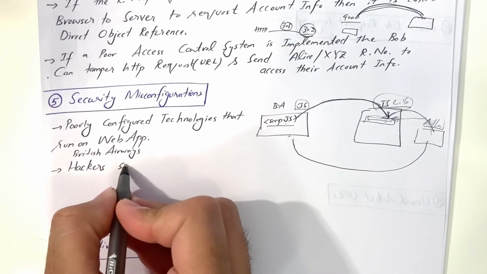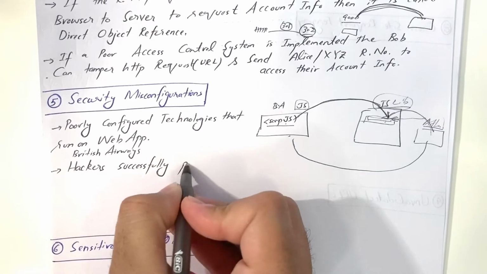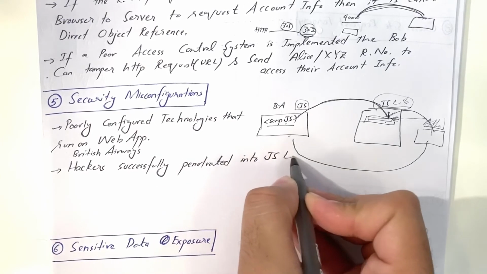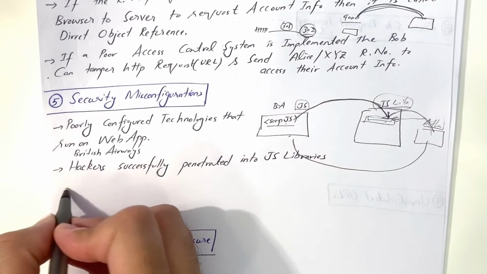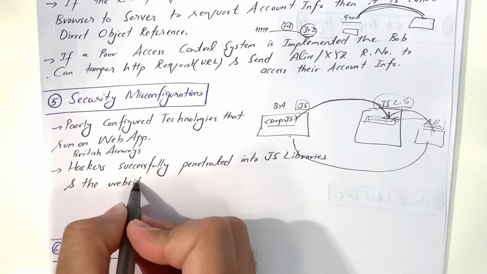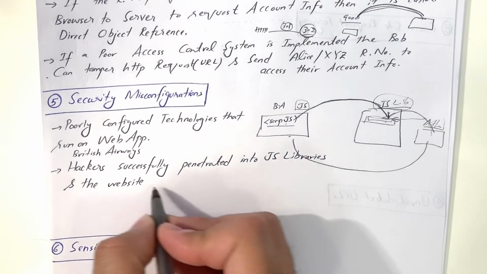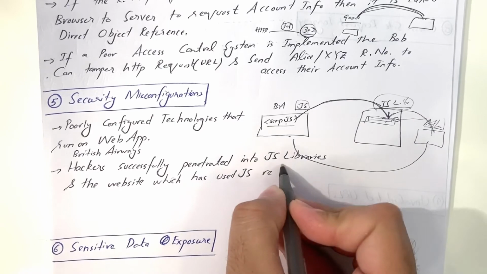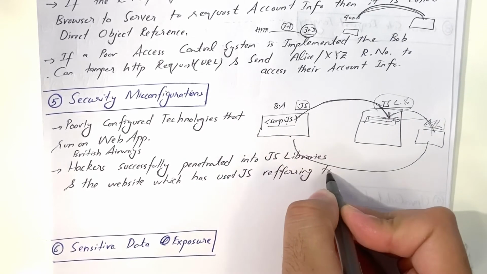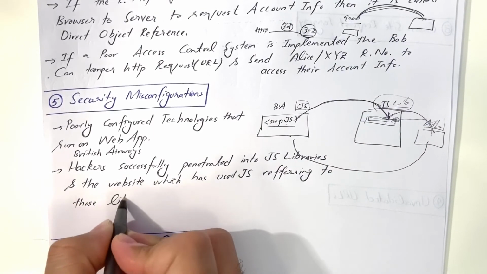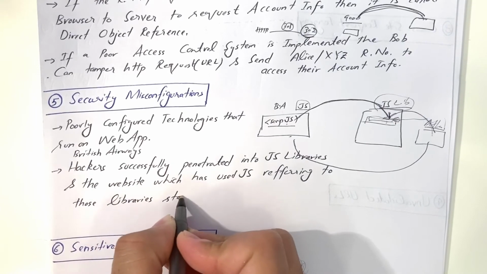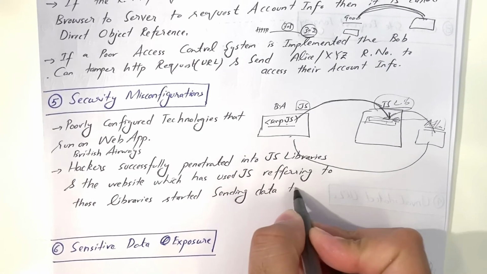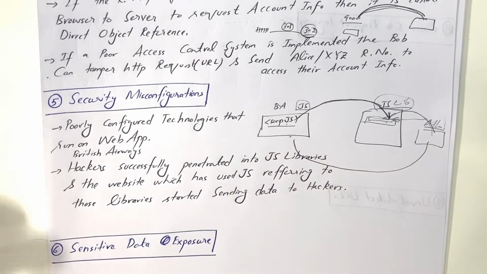Hackers successfully penetrated into JavaScript libraries, and not just any website designed with JavaScript, but the websites which used JavaScripting and referred to those libraries started sending data to the hackers, or the hackers' servers maybe.